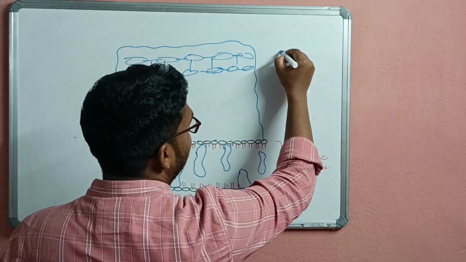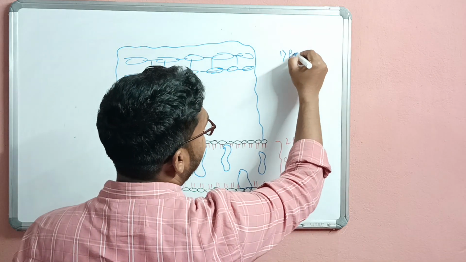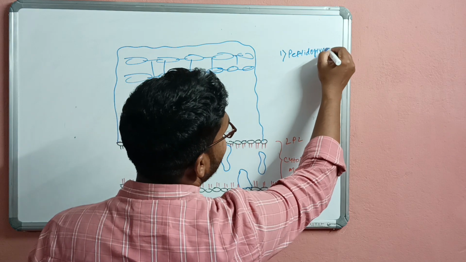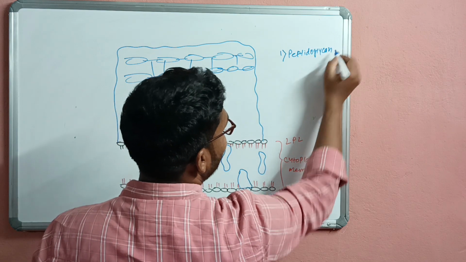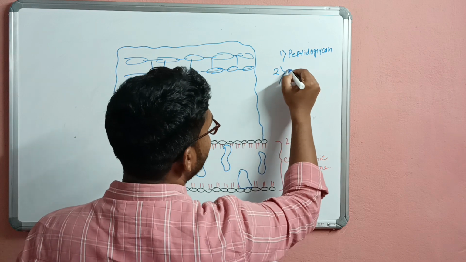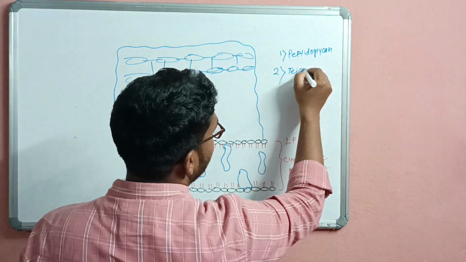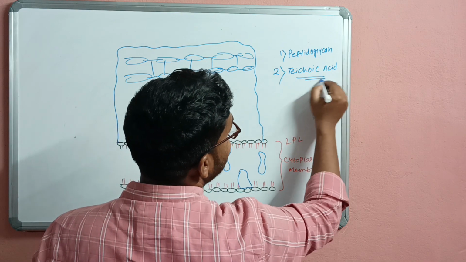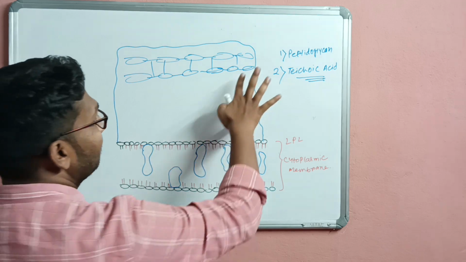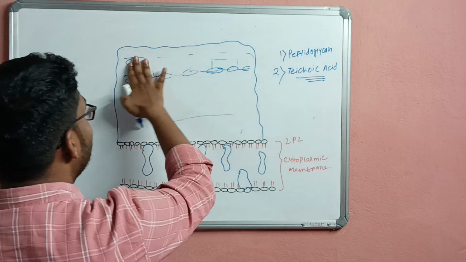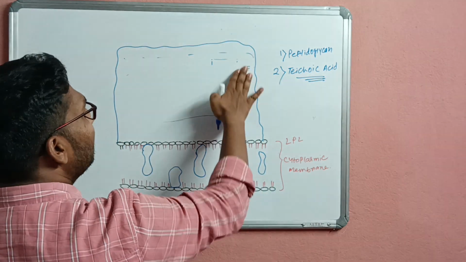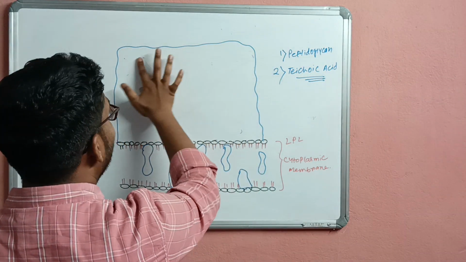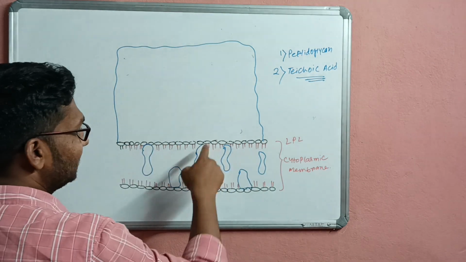So the primary one is the peptidoglycan layer. Okay. Number two, teichoic acid, which is a major component in the gram positive bacterial cell wall. Okay. So this peptidoglycan layer is generally attached to the cytoplasmic membrane.